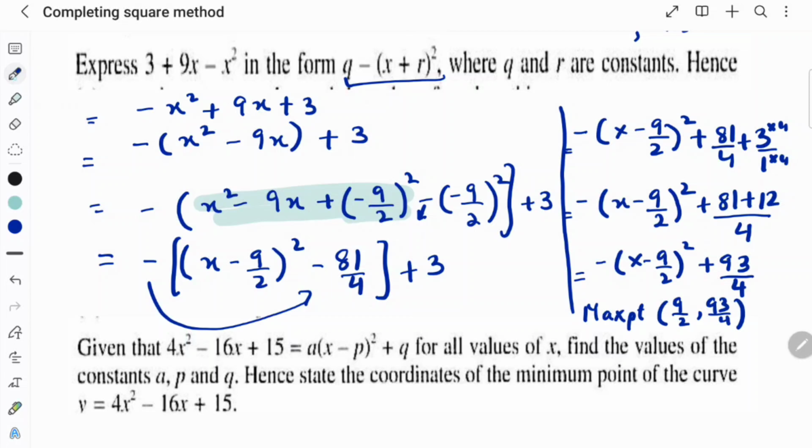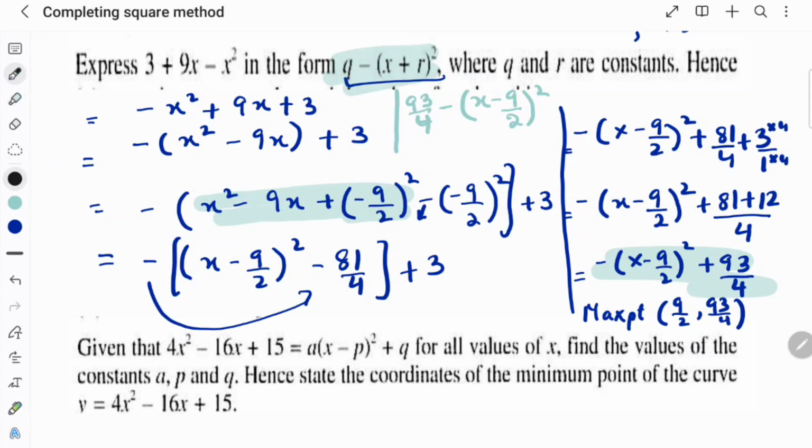So I'm writing here 93/4 in place of q, minus (x + r) whole squared, with x − 9/2, placing the same equation here like this.